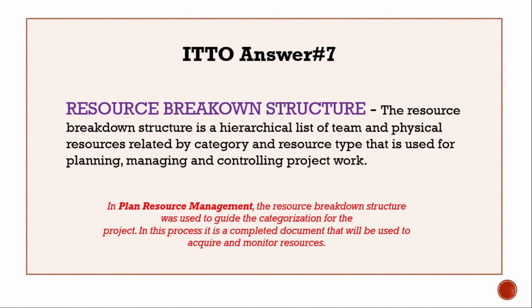The resource breakdown structure is a hierarchical list of team and physical resources related by category and resource type that is used for planning, managing, and controlling project work. Remember that in plan resource management process, the resource breakdown structure was used to guide the categorization for the project, but in this process, it is a completed document that will be used to acquire and monitor resources.